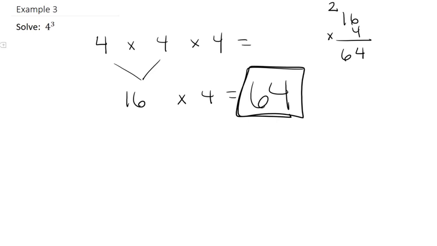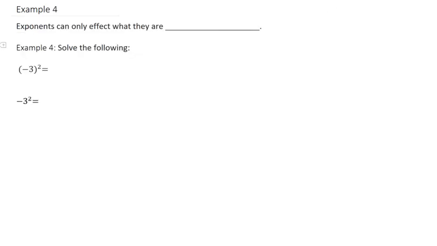And let's do another example. Example 4. Now, exponents can only affect what they are next to. So let's look at the following scenarios and how they're different. The first one is encased in parentheses around the -3.